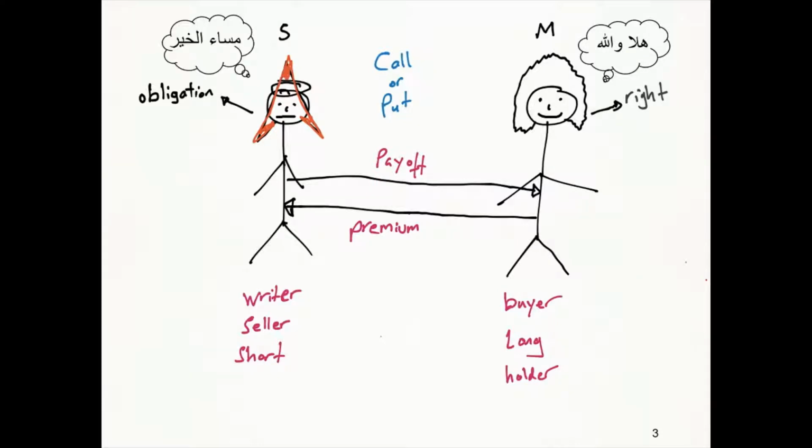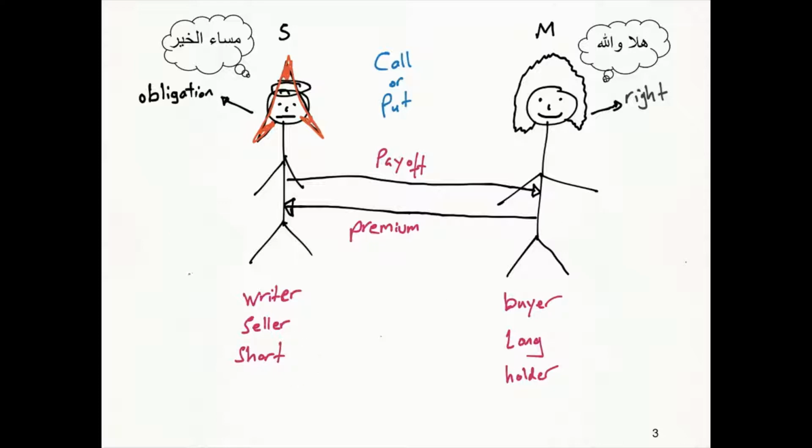Mr. M is the buyer of the option, or the party who took a long position, or the holder of the option. So all these names refer to the same person. Mr. S is the writer of the option, or the seller of the option, or the investor who took a short position in the option.